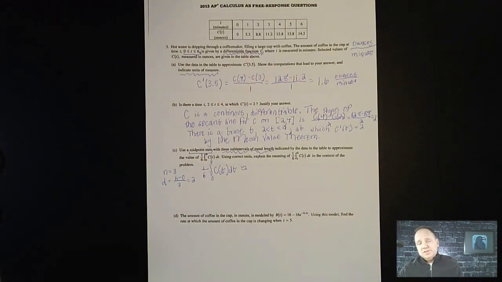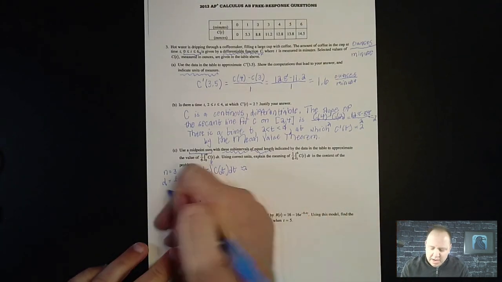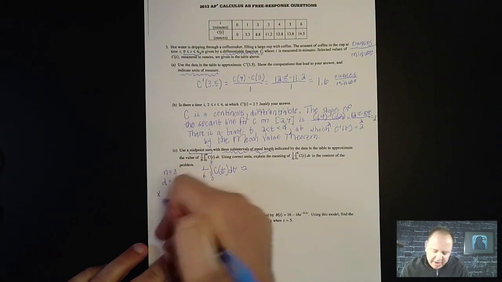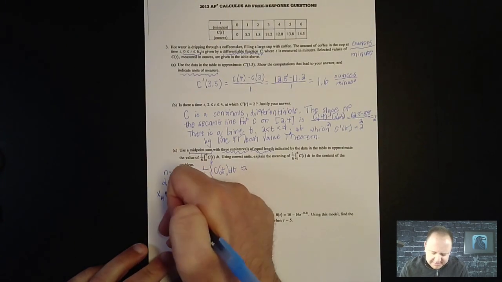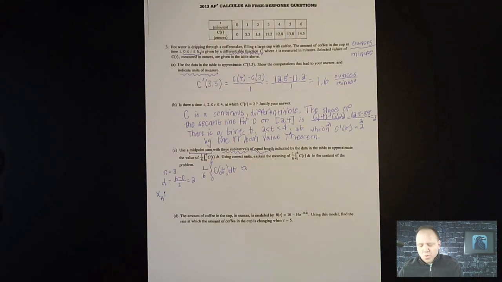Now you could build this rectangle by rectangle. Hopefully you're schooled enough to know how to do the shortcut with this. Now you should always find your x sub k's to determine what the heights of each of these rectangles are going to be.